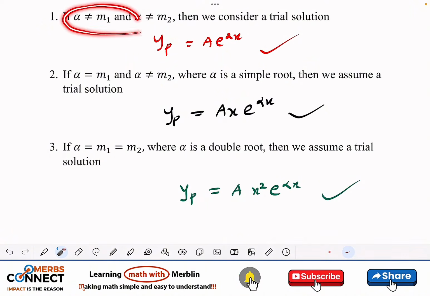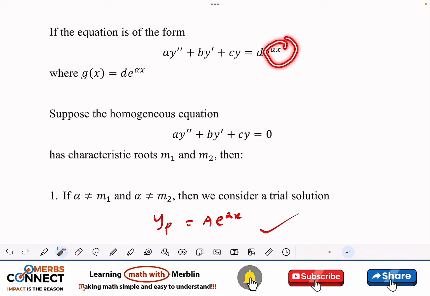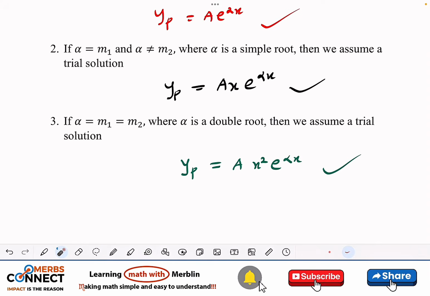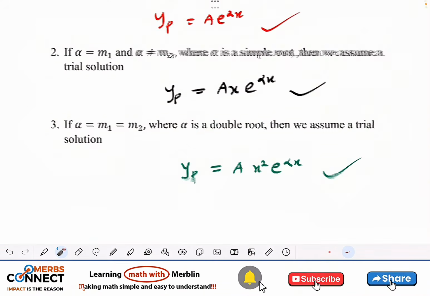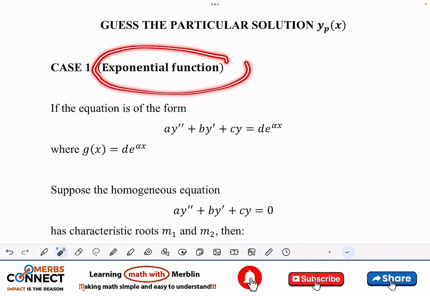Whenever none of them is the same as the root, you just have a constant times the exponential. Whenever one of them is the same, you have x, a constant, and then the function. And when they are all the same, we have something like this here. So basically that is how to go through it when the function is an exponential function.